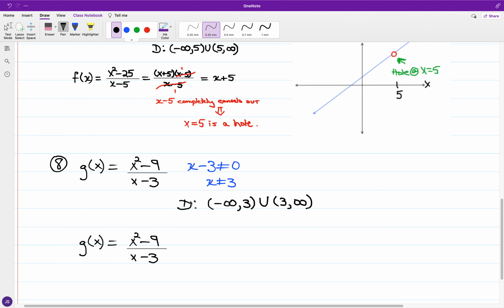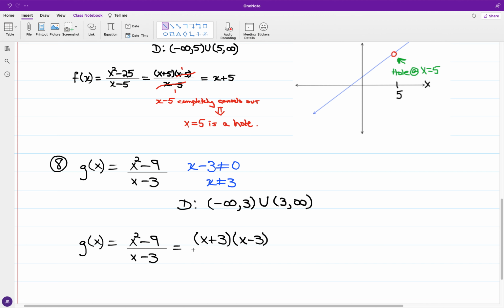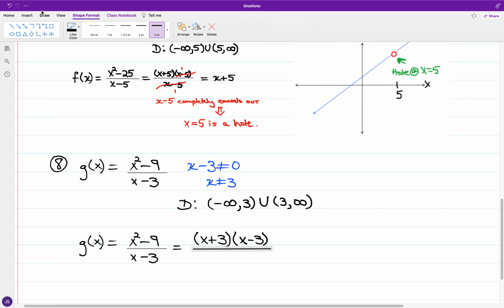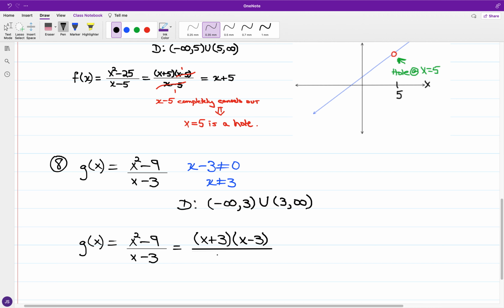Looking at putting x squared minus 9 over x minus 3 in simplest terms, with x squared minus 9 we have factoring out to x plus 3 and x minus 3, and we have all over x minus 3.